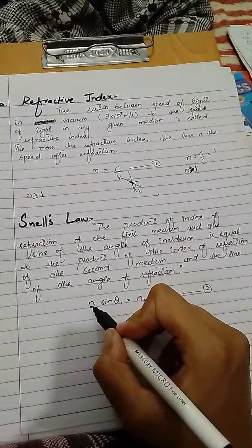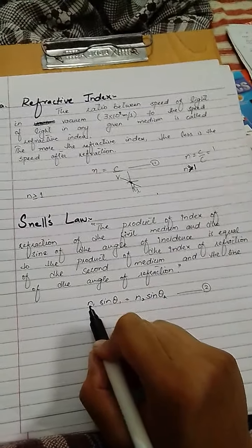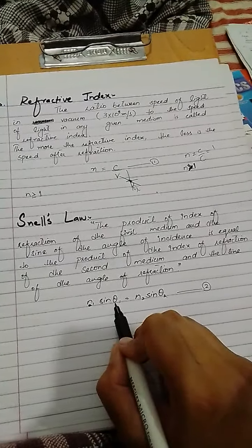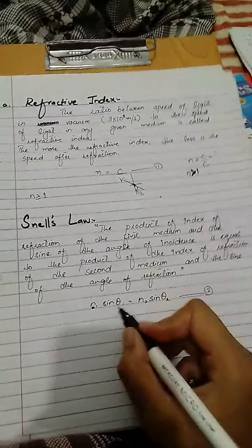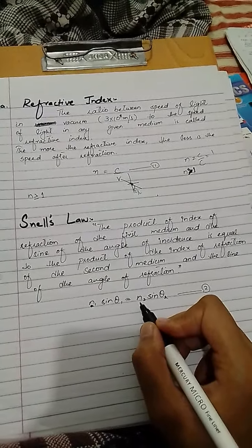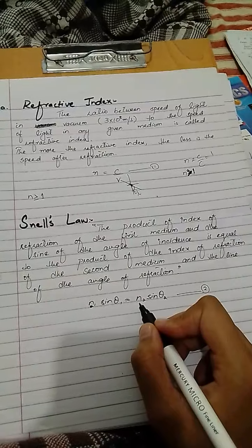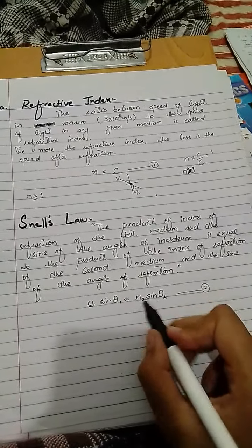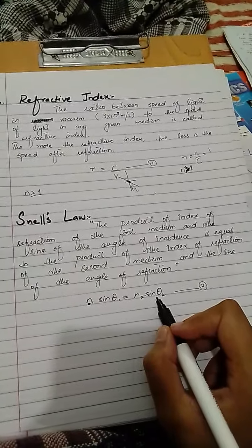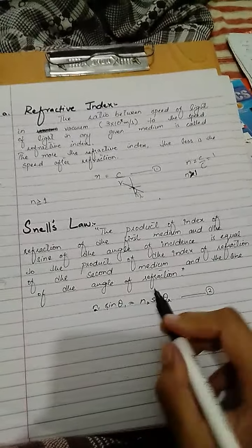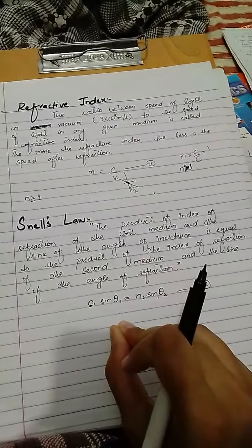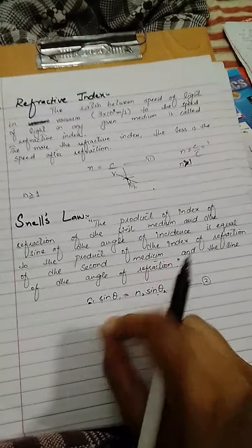So if we try to increase the refractive index, the sine theta I would decrease, and if we try to decrease this n2, the refractive index for the second medium, the sine theta R, or sine theta 2, would decrease. So these four terms try to balance each other to maintain their equality.